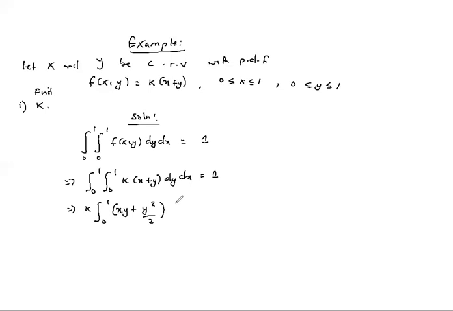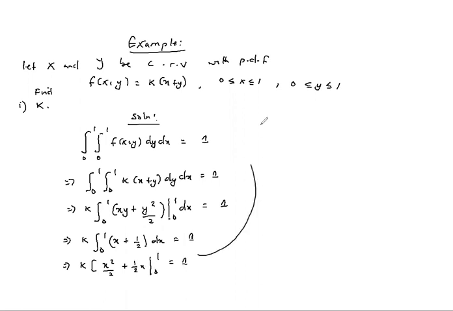And this is from 0 to 1, and then the dx. This must give us 1. So we have k, 0 to 1. When we substitute, we have x plus 1 over 2. Now with respect to x, it must be 1. So again, we have k times x squared over 2 plus 1 over 2 x. From 0 to 1, it must be equal to 1. So from here, we have k times half plus half minus 0.